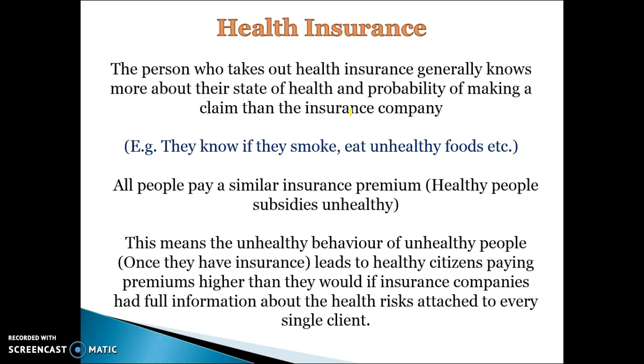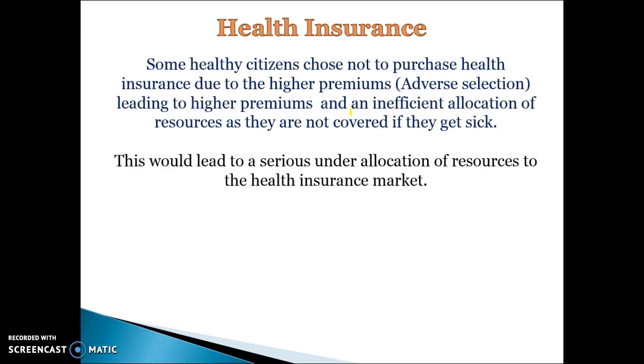If the market had full information about everyone, they could price people based on their risk. So healthy people would pay lower premiums, unhealthy people would pay higher premiums. But in the real market, without government intervention, often healthy people will subsidise health insurance for unhealthy people. Some healthy citizens therefore choose not to purchase health insurance because the premiums are higher.